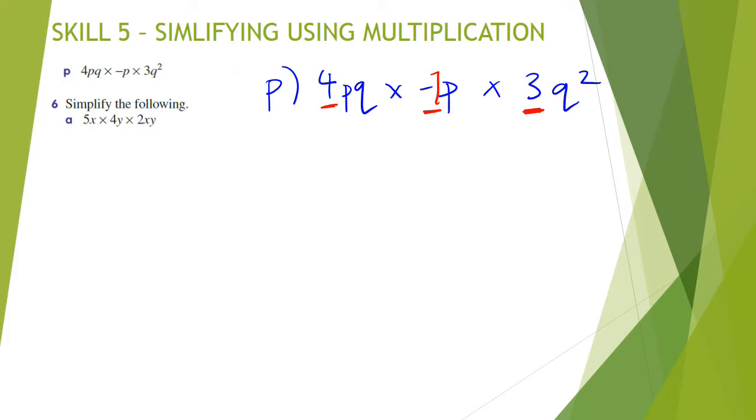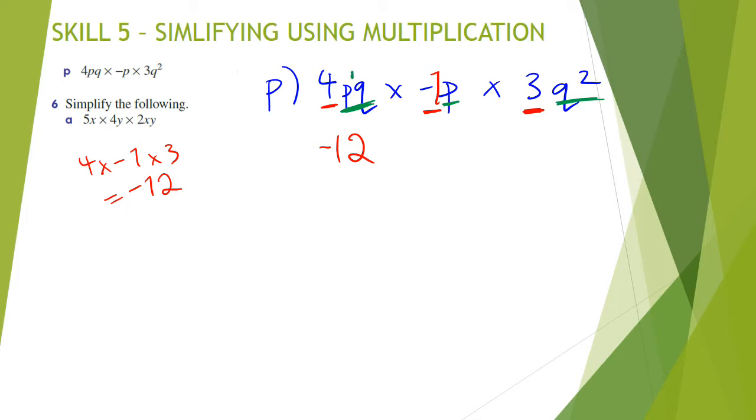So if we do the numbers first, 4 times negative 1 times 3 will give me a negative 12. Use your calculator if you're not sure. So we'll put negative 12 out the front. Then in another colour we'll do the letters. We've got p and q, another p, and a q squared. Let's look at the p's first.